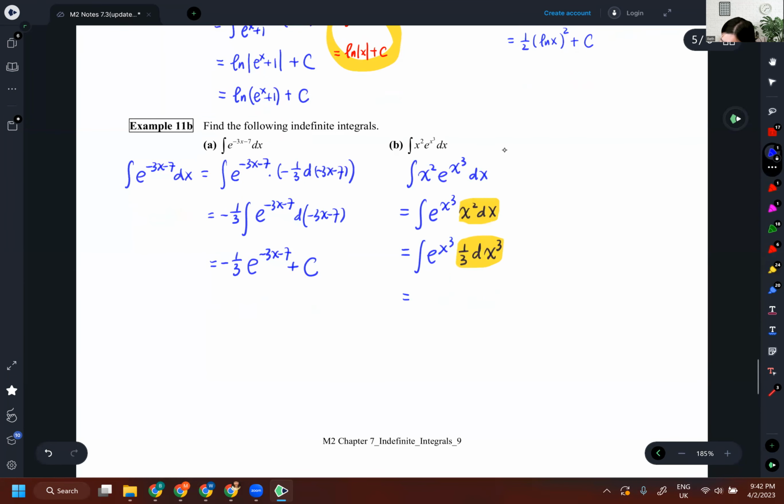And then it's 1/3 e^(x cubed). Now compare this one and then this one. Yeah, square becomes cube. Square becomes cube. Next one.